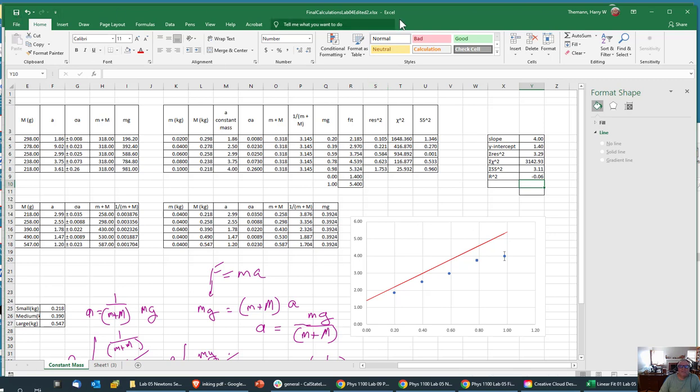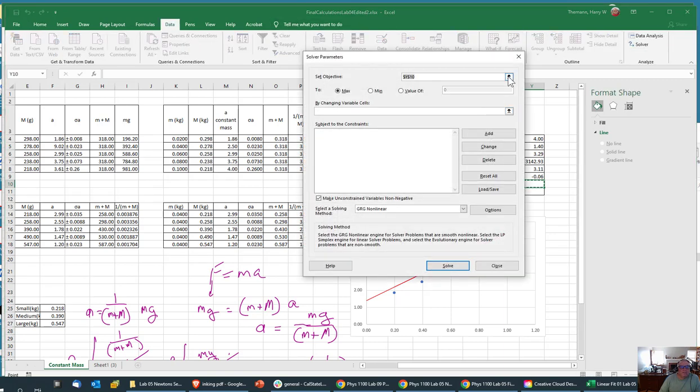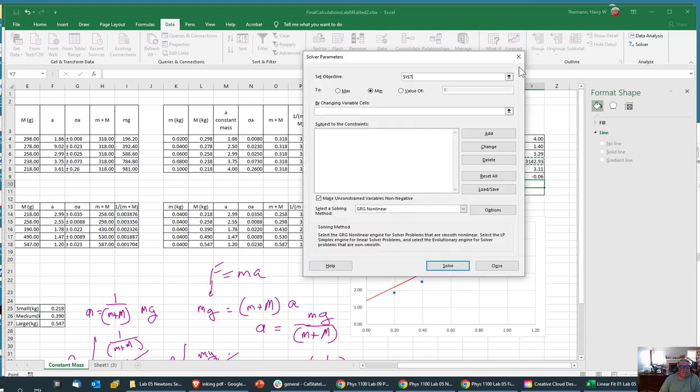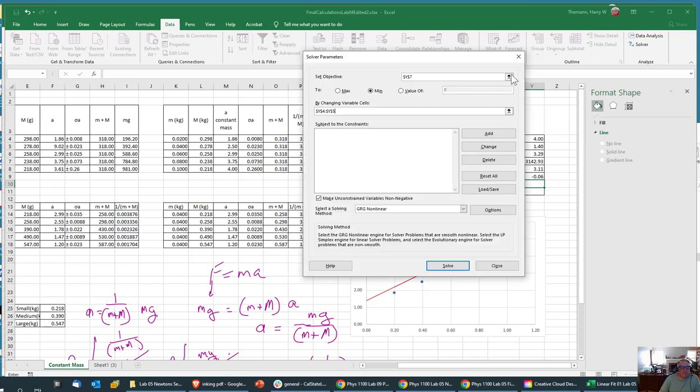Let's save it. So we go to data. We go to solver. And we want to minimize the value of the sum of the chi-square, by moving around the slope and the y-intercept.